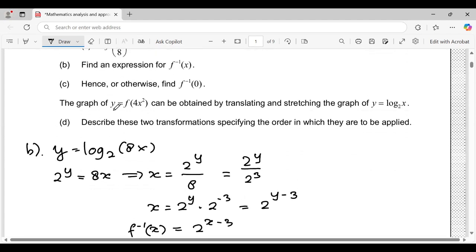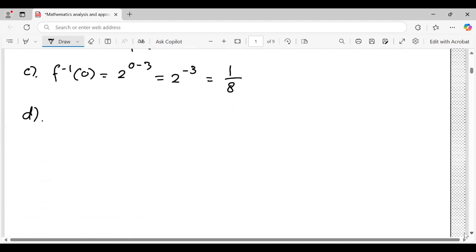The graph of y equals f(4x squared) can be obtained by translating and stretching the graph of y equals log 2 of x. Describe the two transformations, specifying the order in which they are to be applied. y equals log 2 of 8x. So f(x) equals log 2 of 8x.